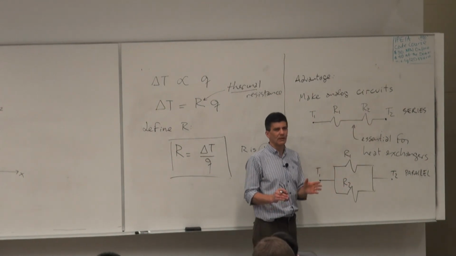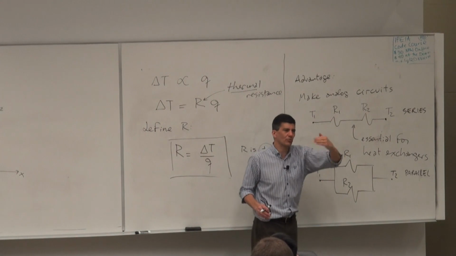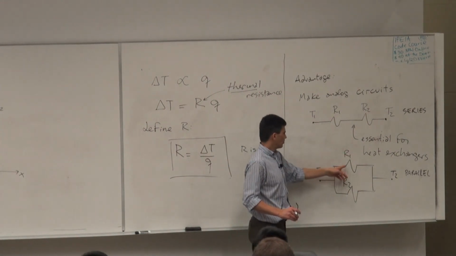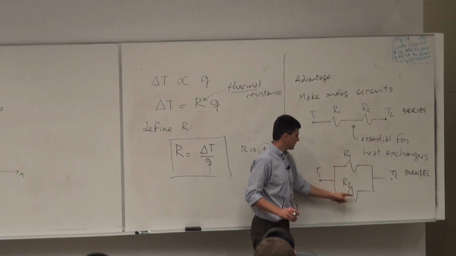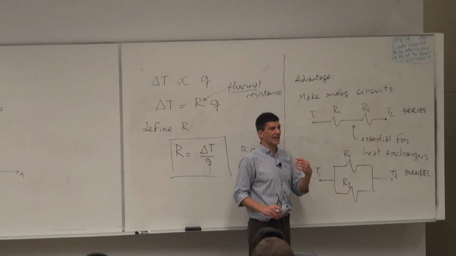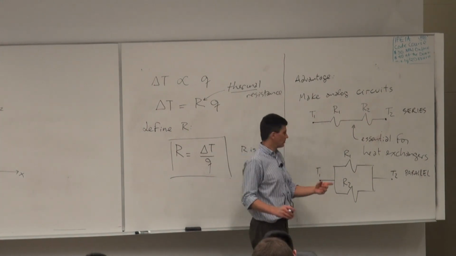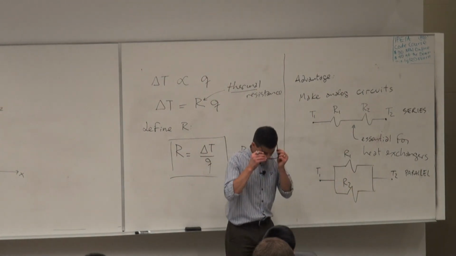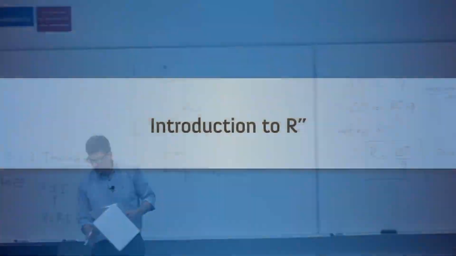For example, this would be a double pane window. The same heat goes through a succession of resistances. In this case, do you think they see the same heat? No. Some heat goes here, some other heat goes here. This is a parallel circuit. For example, if you have convection and radiation, both are operating at the same time. So some heat goes by convection, some heat goes by radiation. Right now, these are just words, but we're going to get deeper into that.